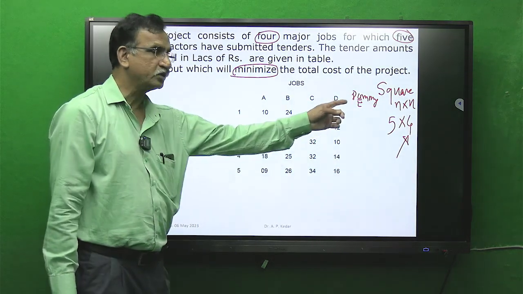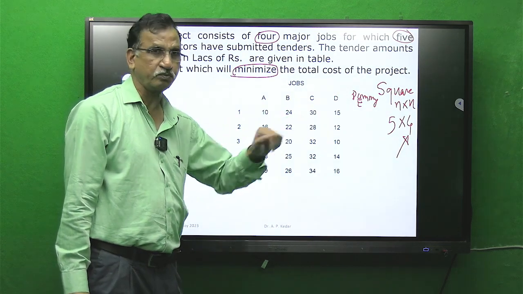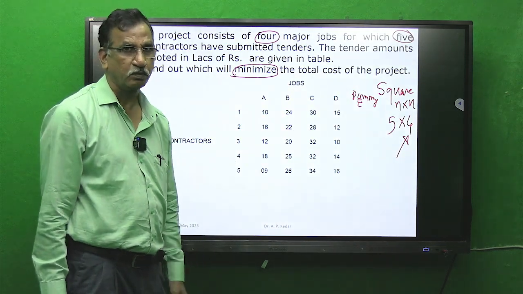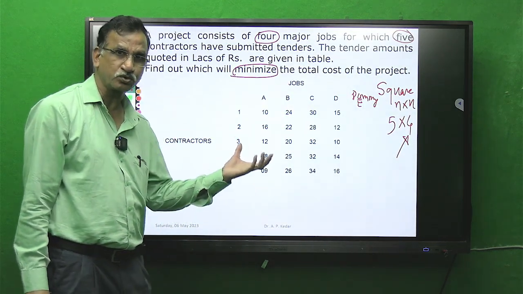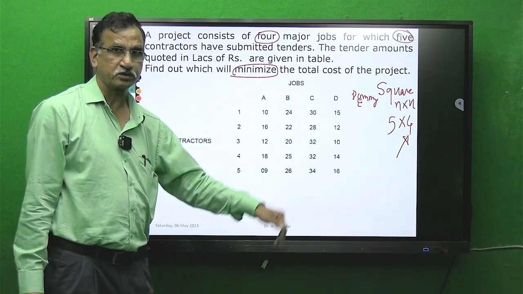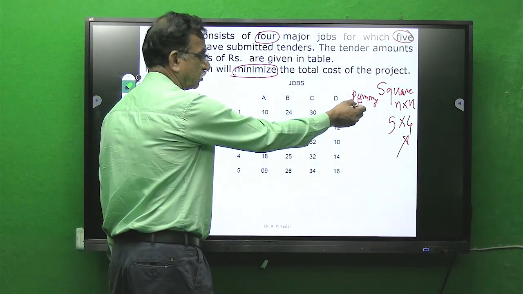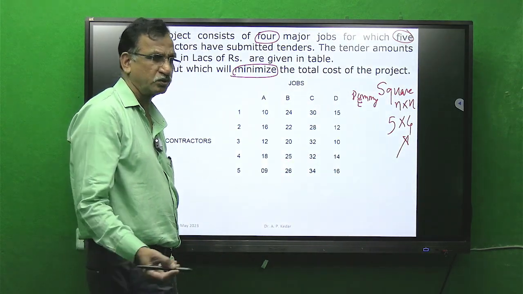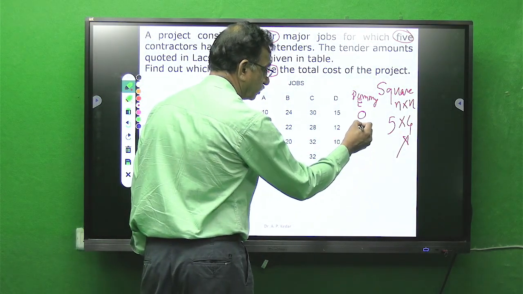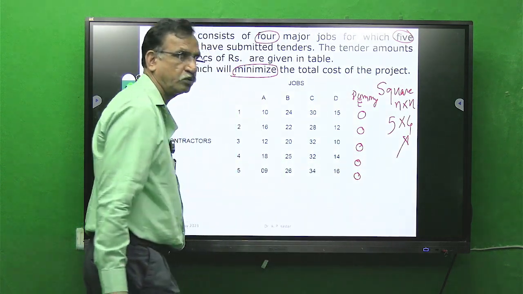And now since it is dummy, I know this job will not be in existence, but temporarily to solve this condition of degeneracy, I have to add this. So I know this is not in real existence, so naturally the cost for all these will be 0.